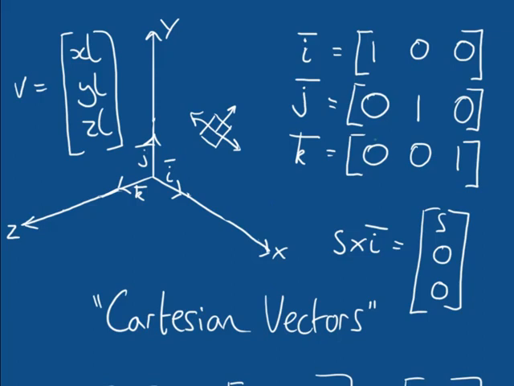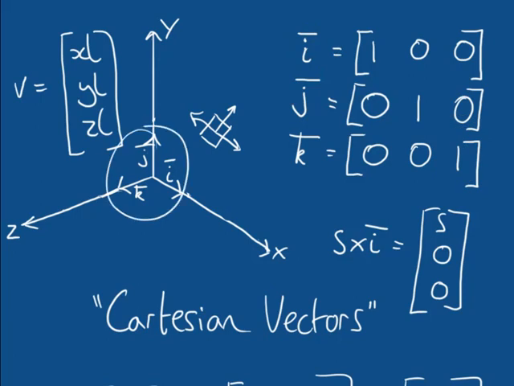So once again, just to recap, we have three vectors. Each of these vectors is 1 unit in length. i travels in the same direction as our x-axis, j travels in the same direction as our y-axis, k travels in the same direction as our z-axis.